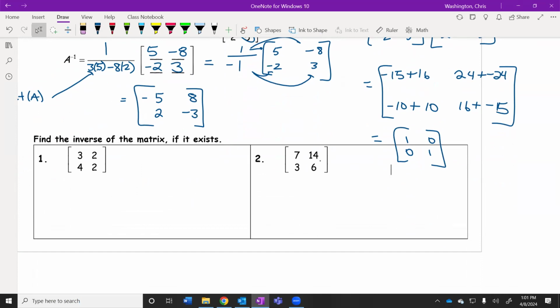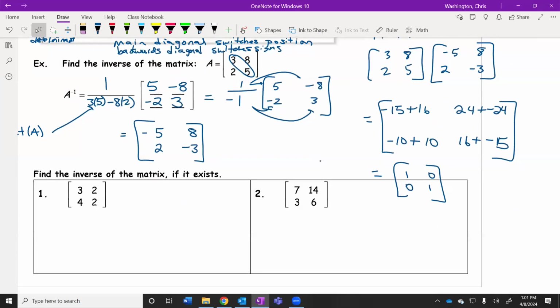Because what we're going to start with tomorrow is going to look something like this. Tomorrow we have the matrix 3, 8, 2, 5 times some matrix X. We don't know what that matrix is, but that's going to equal this other matrix. And I'm just going to put question marks here because I don't know what that is at the moment. But if I want to get X by itself, what do I have to do?